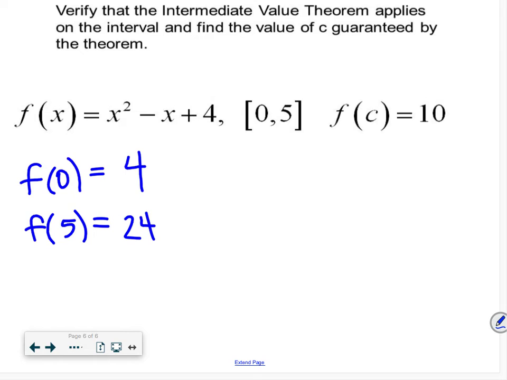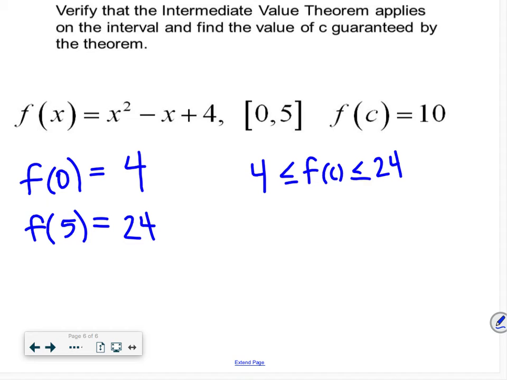Okay, so is 10 in between those two? Yes. F of c is in between 24 and 4, so we know that there is a c value.